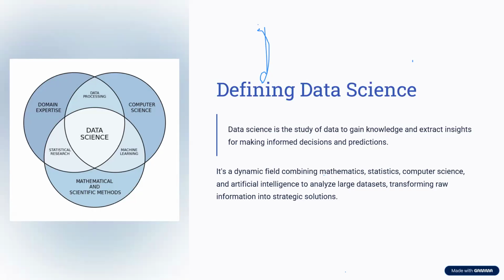So we have several fields that come together to form data science. And as the course goes on, we will look at some of the statistical and computer science terminologies that may come up.